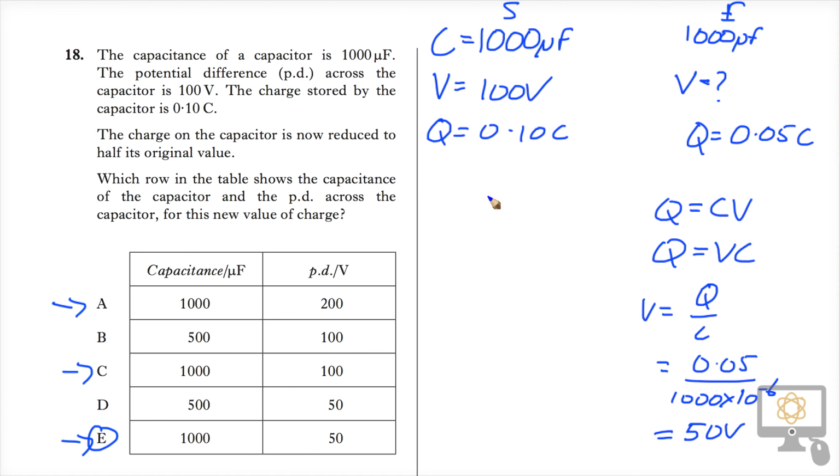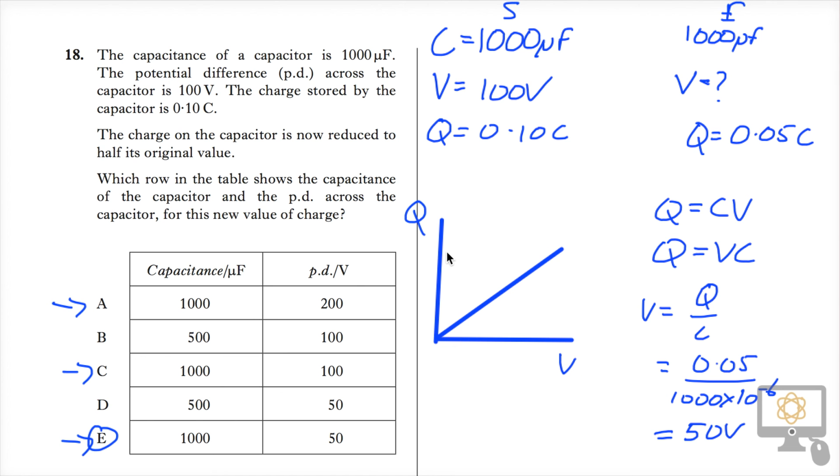Now, just another way to think about this, of course, is to think about a graph. So let me just bring up a line. So if we had a line graph drawn like this, and on one axis we had charge, and the other axis we had voltage, the line would be a straight line through the origin, like that, and that shows the relationship between charge and voltage for a capacitor.